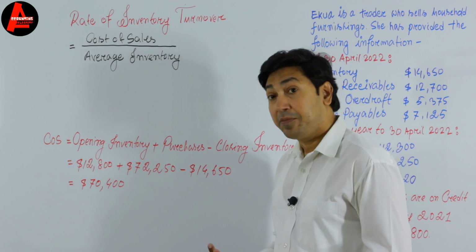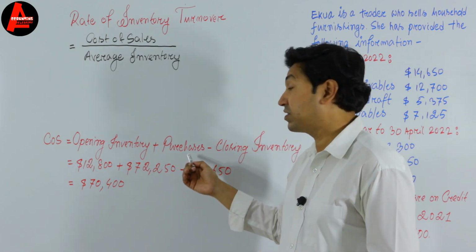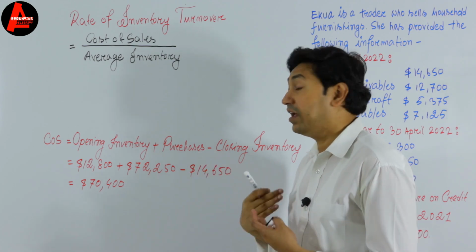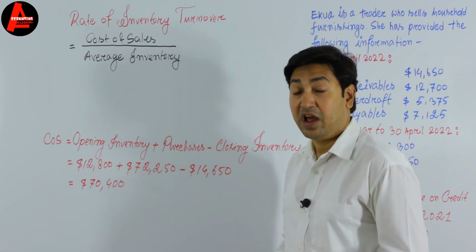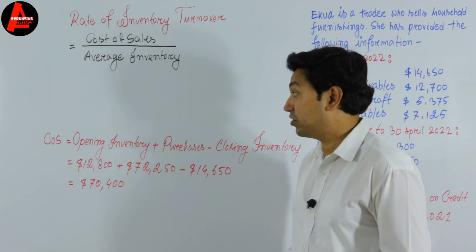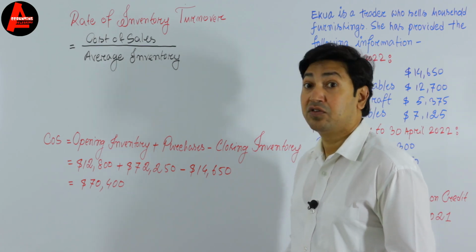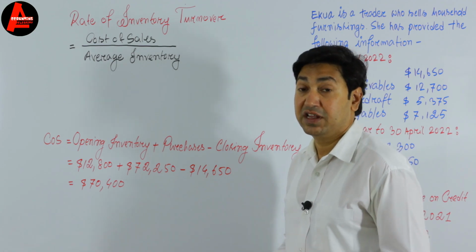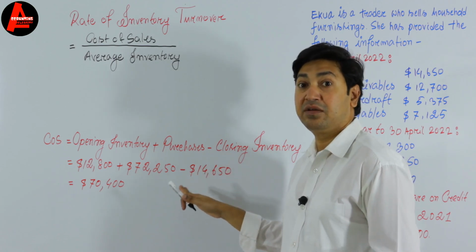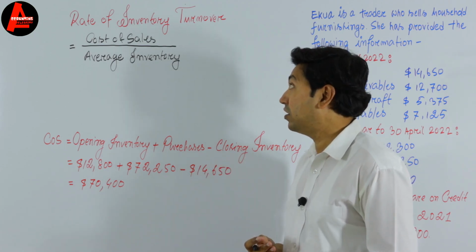If you have purchase return, you need to subtract purchase return in this cost of sales formula. Then if you have carriage inwards, you have to add carriage inwards. Okay, then if you have goods for own use or drawings, you need to subtract. So here we have these three items, so we wrote only these three items.